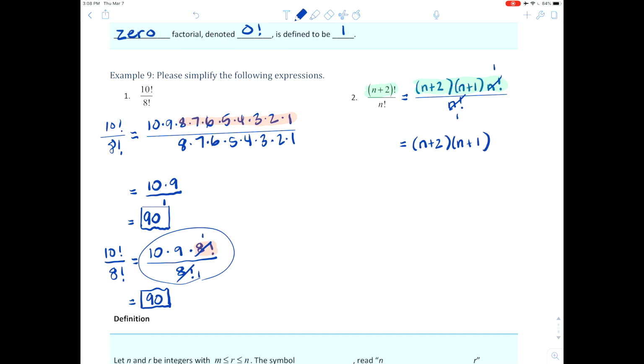So again, you'll be using this skill in calculus 2 for sure when you are testing infinite series to see if they converge or diverge, right? And with power series and all that. So here we go. And then we can double check. If our n was 8, we would end up getting 8 plus 2 is 10 times 8 plus 1 is 9.